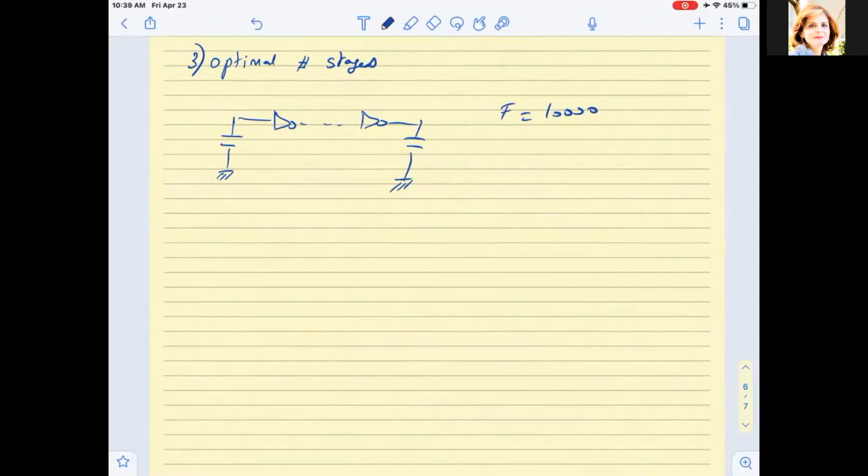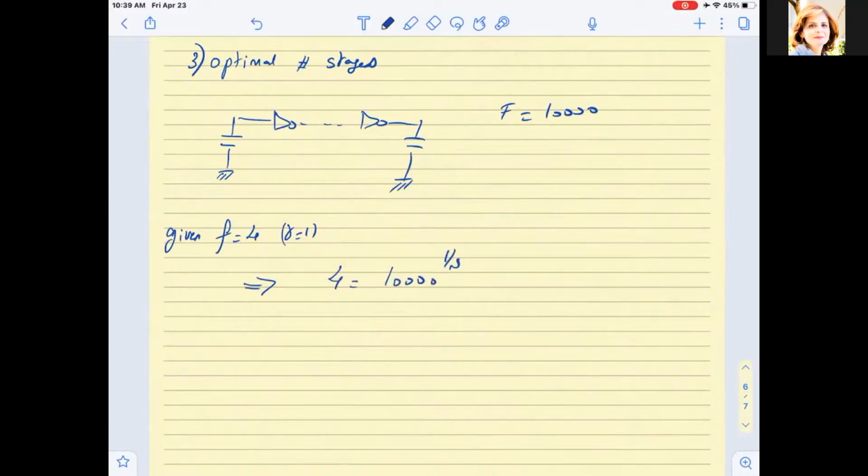Let us take for example that F is equal to 4, given when gamma equals 1. So this means that 4 is equal to 10,000 to the power 1 over n.